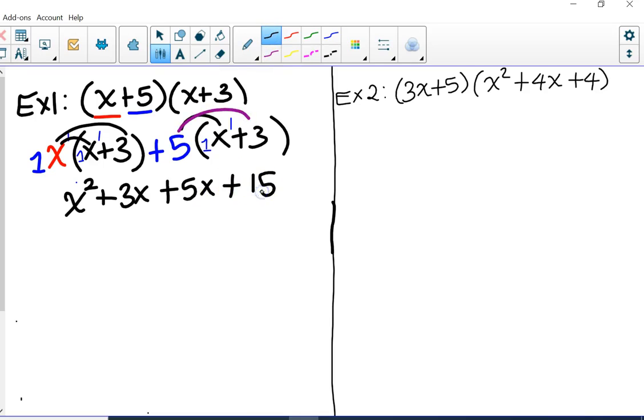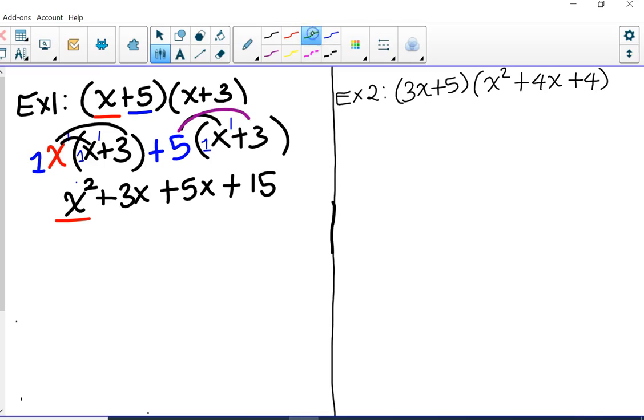Once you're done distributing into everything in your right-hand parentheses, you want to rearrange your like terms beside each other. You want to identify your like terms and then rearrange. First I'm going to put one line under everything with x squared. That's the only thing with x squared.